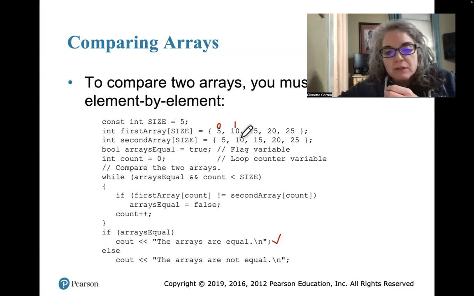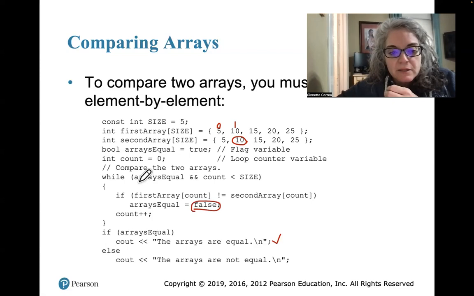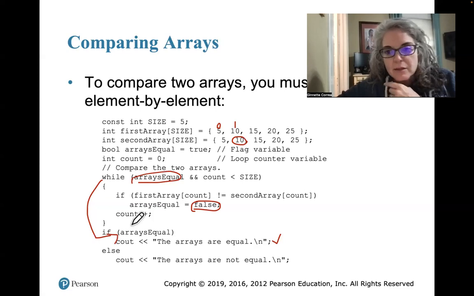If they were not equal, let's say that this was an 11, then it would set this to false. This would be false. The loop would exit, and the if would then execute, and so we would say, is it true? No, it's false, so they're not equal.